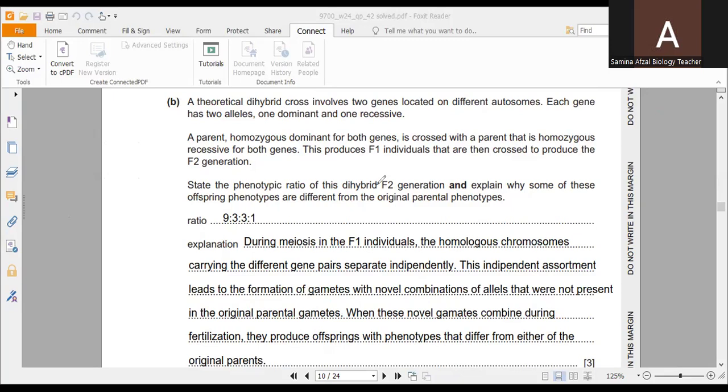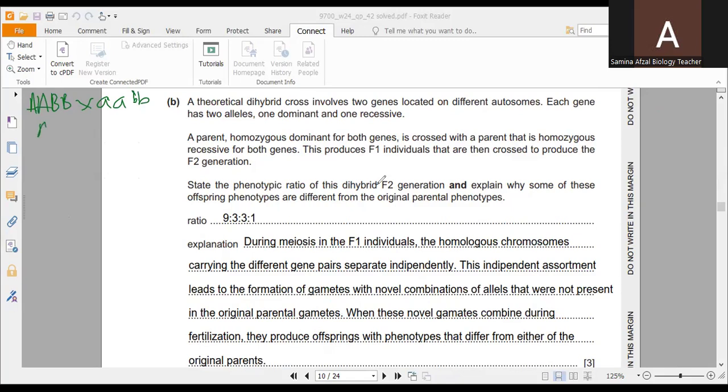So for this, the homozygous dominant parent is crossed with a homozygous recessive parent. To prove this 9:3:3:1, we can take capital A, capital A, capital B, capital B and cross it with small a, small a, small b, small b.